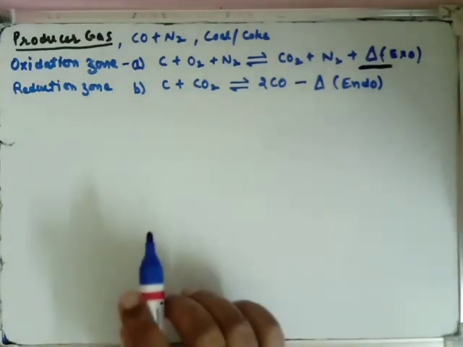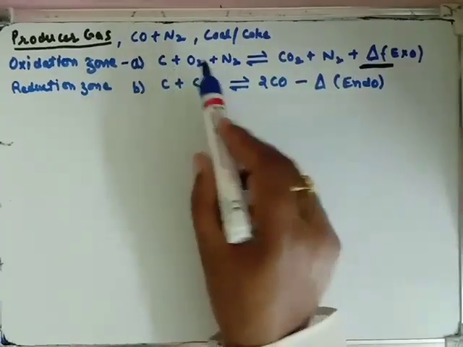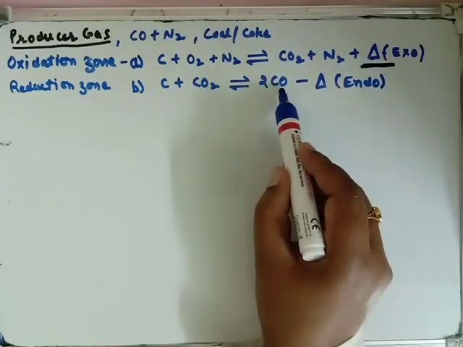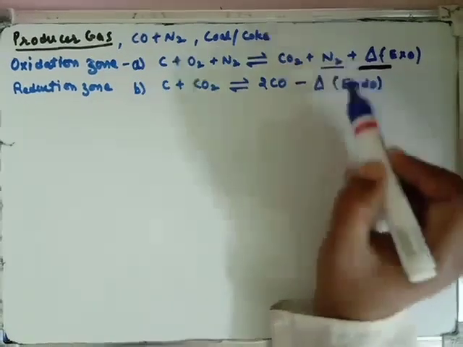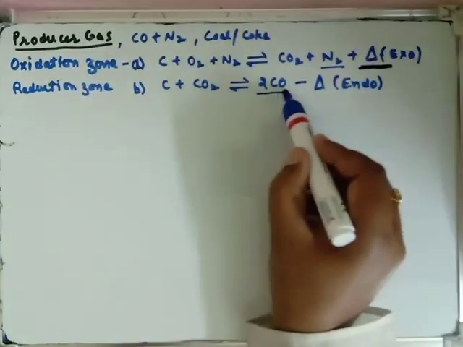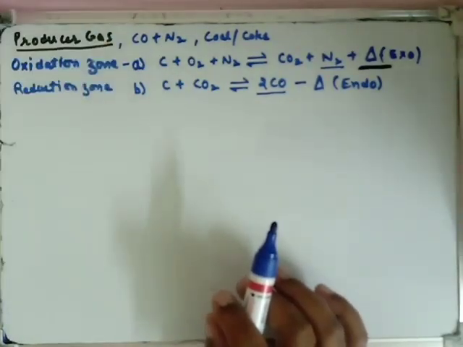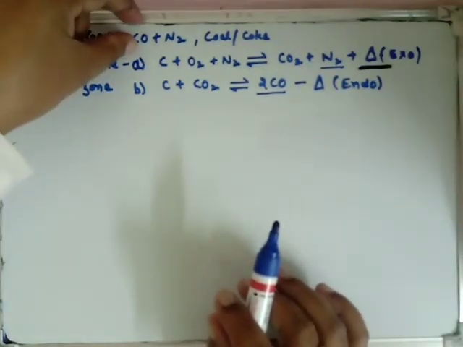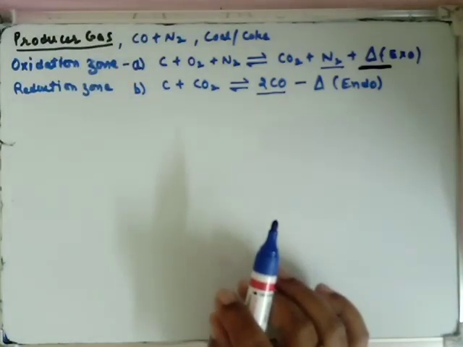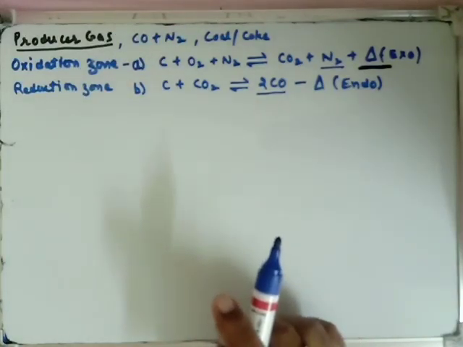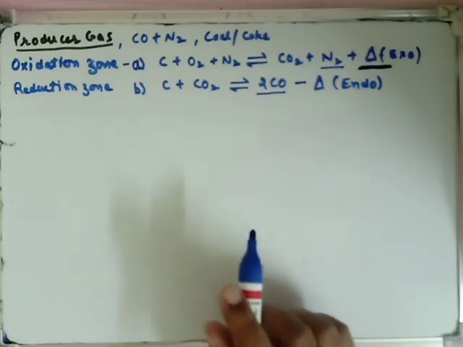Now here we can see that carbon has ultimately been converted into carbon monoxide, right? Nitrogen is already present there, carbon monoxide is already present there, therefore we get a significant amount of carbon monoxide and nitrogen, and a significant amount of producer gas starts being produced, right?